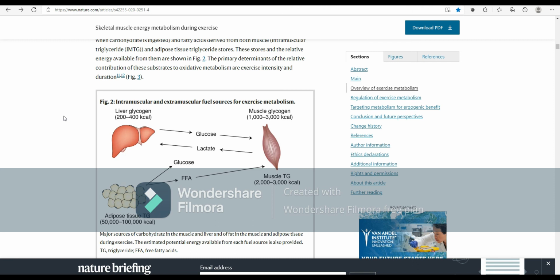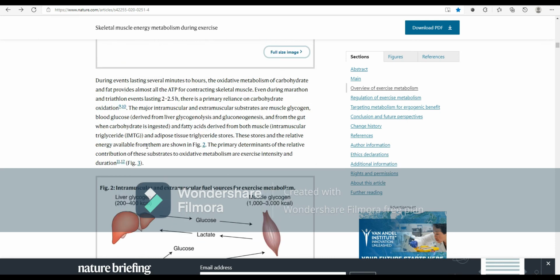I repeat again, intensity and duration is your universal tool for designing a training session and workload, and applying this tool you can influence your metabolic reactions and choose what kind of tissue will predominantly be used as a fuel source for energy production.